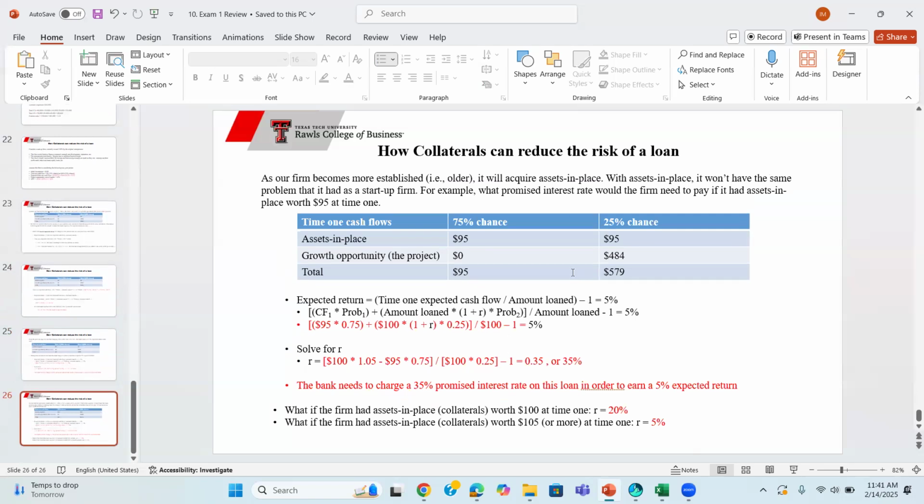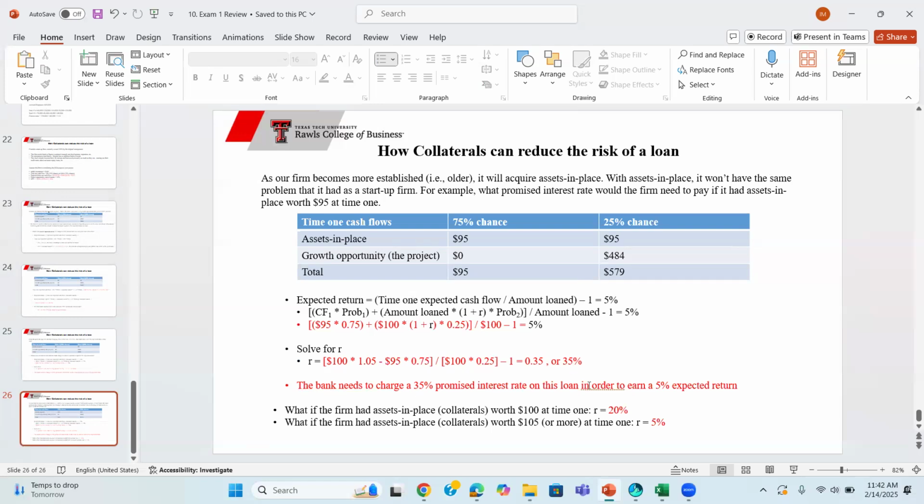Same thing here. This is a new test, just changing the values. Earlier you had 0, 0 and different values, but it's the same formula: go with cash flow 1, cash flow 2, and make it equivalent to 5% to get r, the interest rate of the bank loan, to get the expected return of 5%.